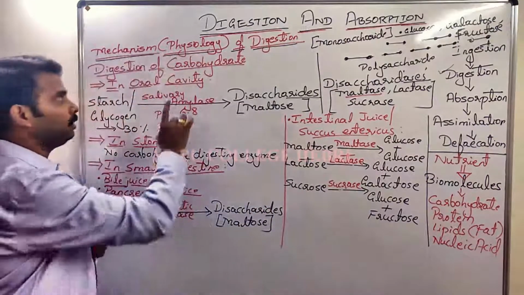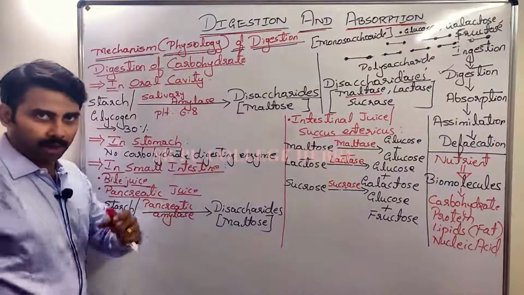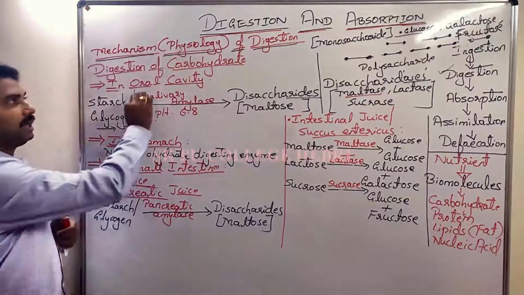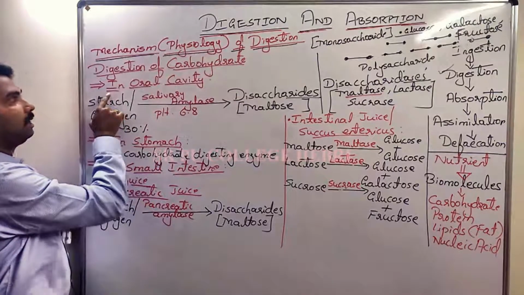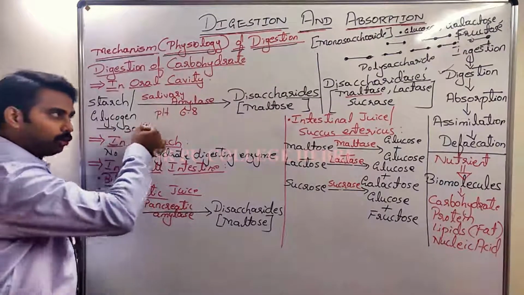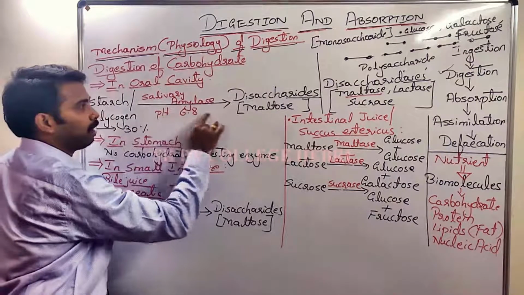So when you discuss the digestion of carbohydrate, write down the notes. The digestion of carbohydrate begins in the oral cavity. Next line, you have to write the explanation, then you have to write the reaction.